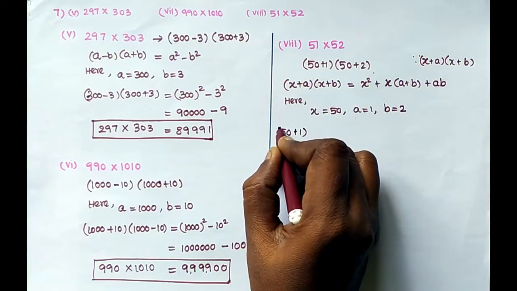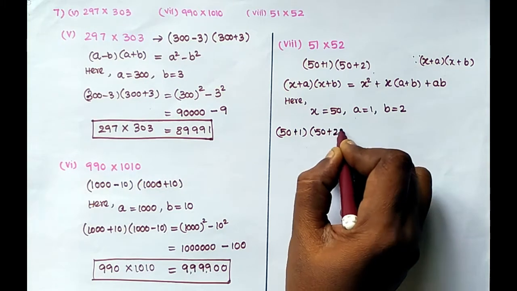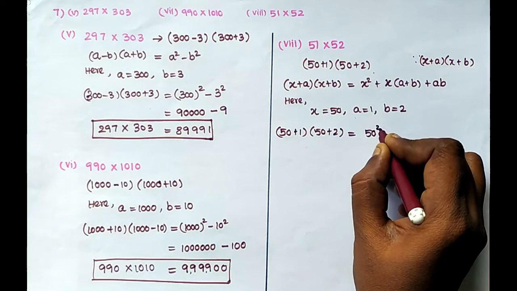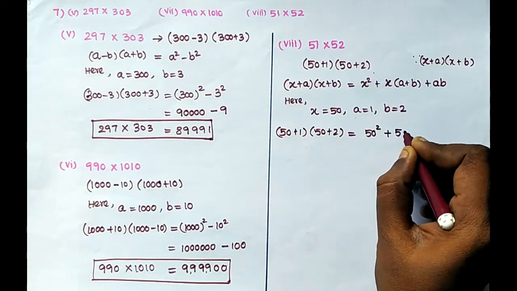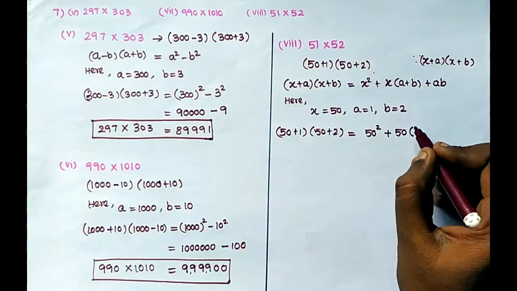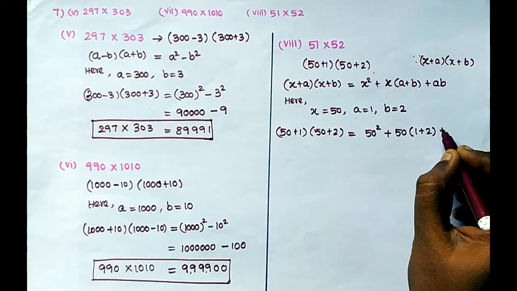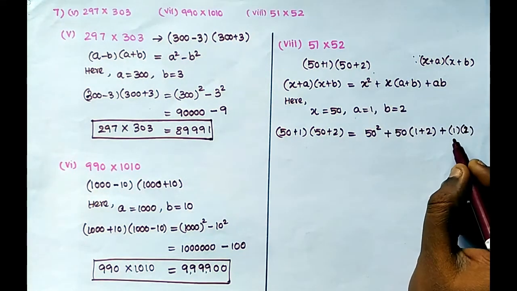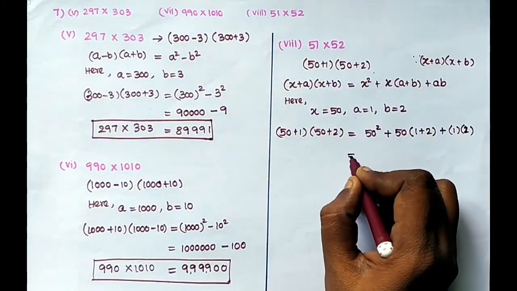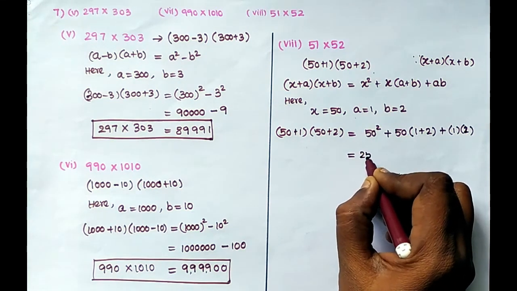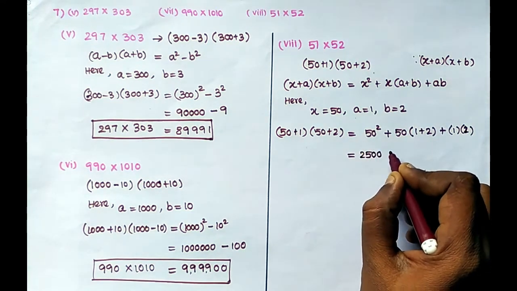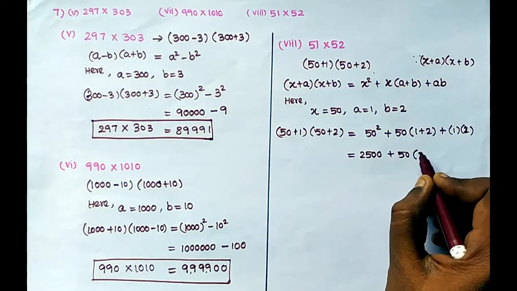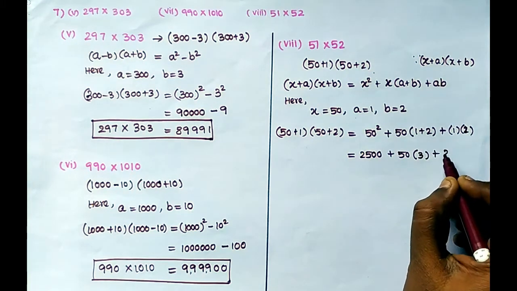50 plus 1 into 50 plus 2 is equal to x squared, that is 50 squared, plus x into a plus b, that is 1 plus 2, plus ab, that is 1 into 2. Next one, 50 squared, we know that very well, 2500, plus 50 into 1 plus 2, 3, plus 1 into 2, 2.